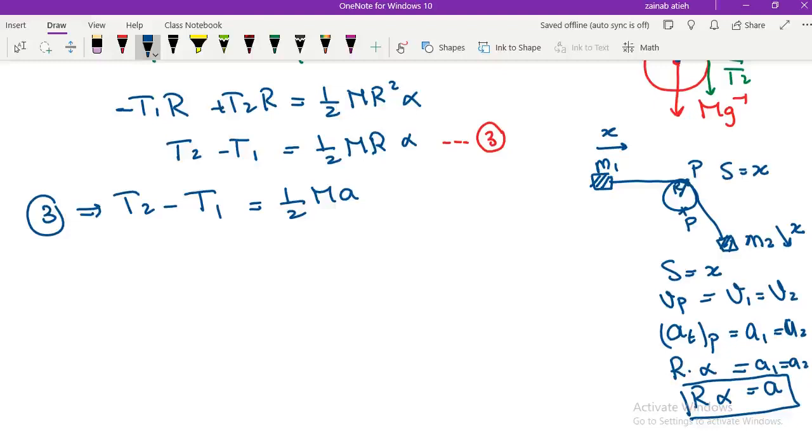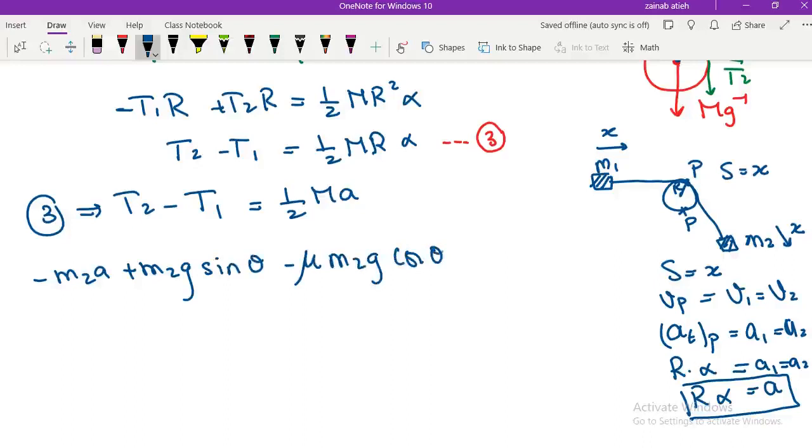T2 كانت معي minus M2A plus M2G sine theta minus mu M2G cosine theta. اوكي minus هلا T1 عندي M1A plus mu M1G عوض محل T1 equals half MA.